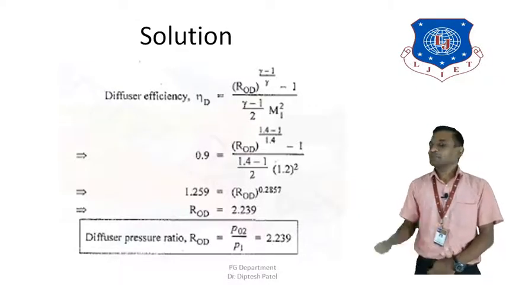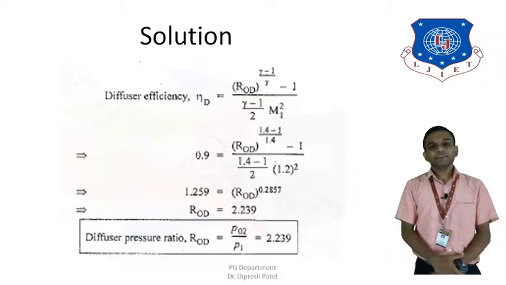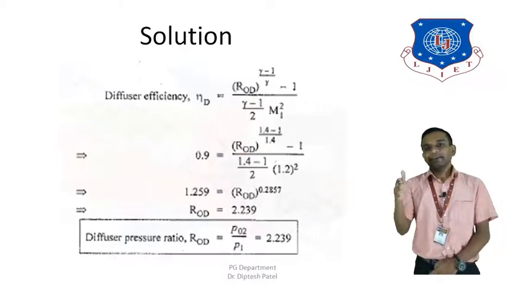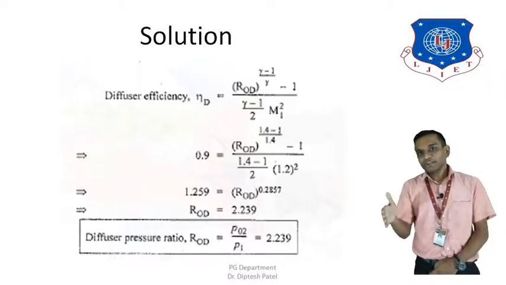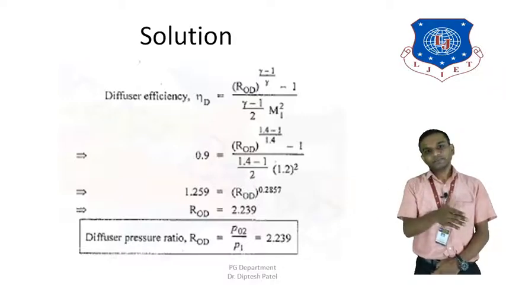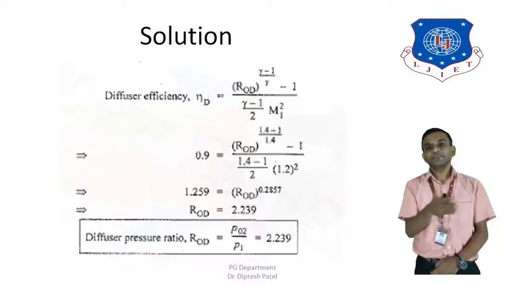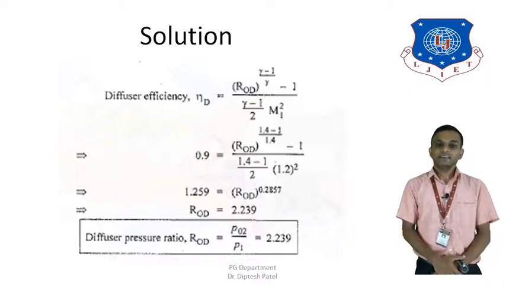So after putting those values, I should be able to calculate the diffuser pressure ratio r_D, that is 2.239. So it means the pressure ratio at the outlet of the diffuser to the inlet of the diffuser, or I could say P02 upon P1 is equal to 2.239. So that is the pressure ratio.